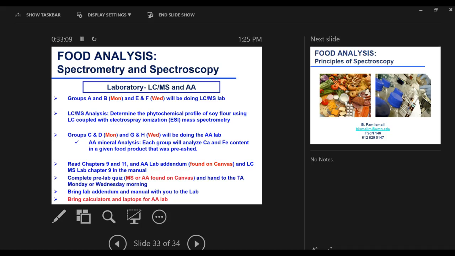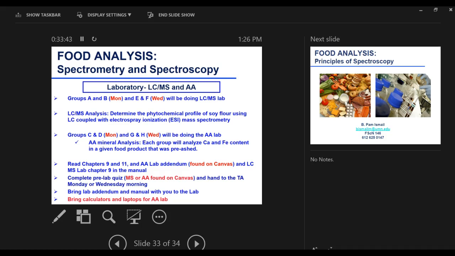For the LCMS lab, we will be identifying different isoflavones, which are phytochemicals, using electrospray ionization mass spectrometry. Gary's going to talk about the theory next week, but we're going to start the labs next week for some of you. Make sure to read your chapters in the book to help you understand, given that some of you will do the lab before theory.